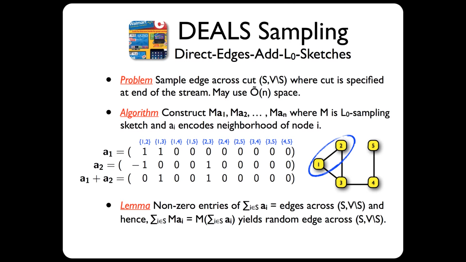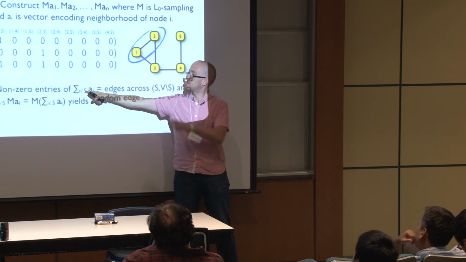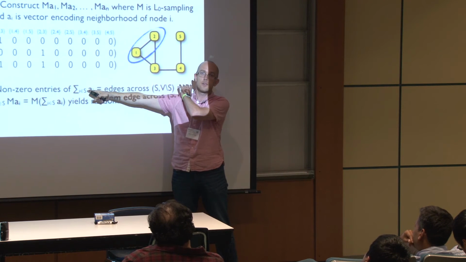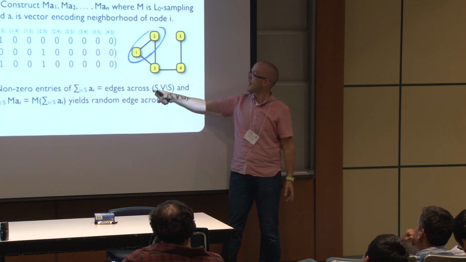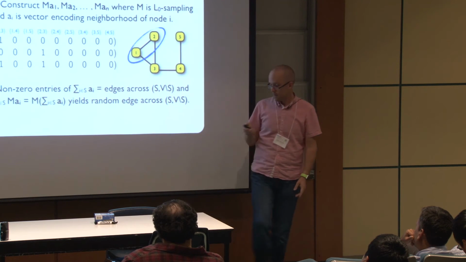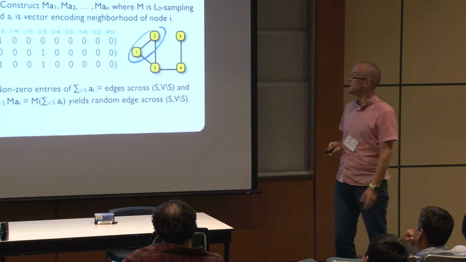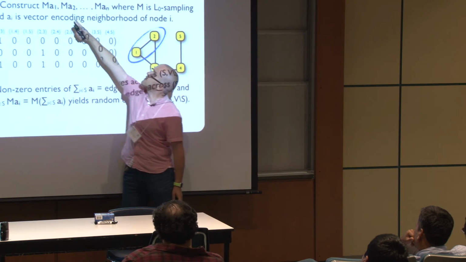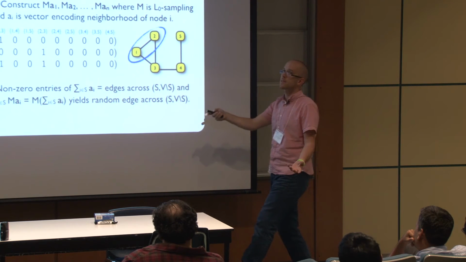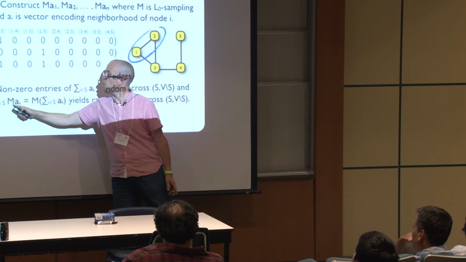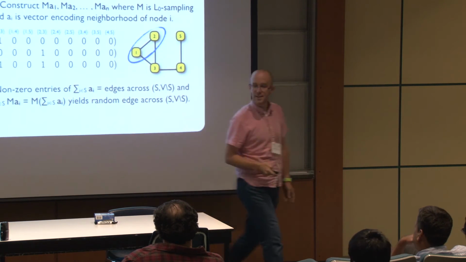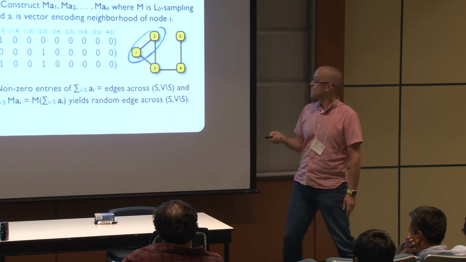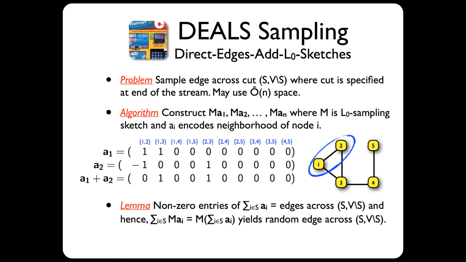And this is more general. If I sum up the vectors according to some arbitrary subset of nodes S, that gives me the edges across the cut from S to the rest of the graph. And because all the sketching I was doing was linear, if I add up the sketches Ma1, Ma2, Ma3, etc. that correspond to the i's in the set S, because M was linear, this is just M times the sum.